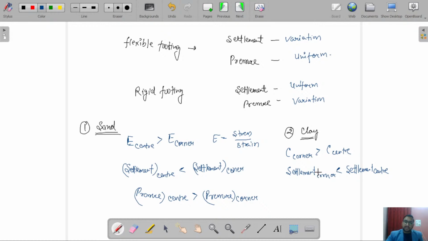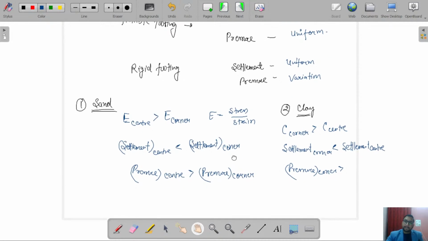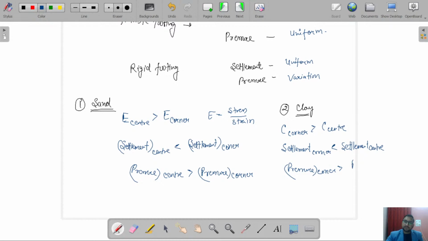Right? Similarly, here I can see the pressure at corner is going to be greater than pressure at center.